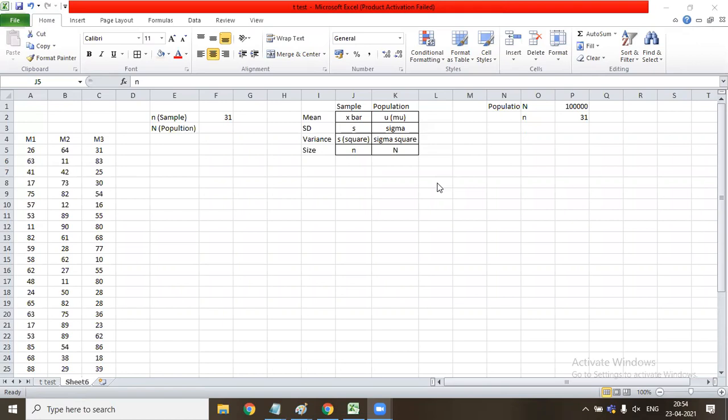Are they naturally different, which means collected from different populations, or collected from the same population? That is what ANOVA tries to identify. If they are collected from the same population, then the variation between themselves, the variation between M1, M2, M3, is not that large as compared to the variation within themselves. This is the way ANOVA works.